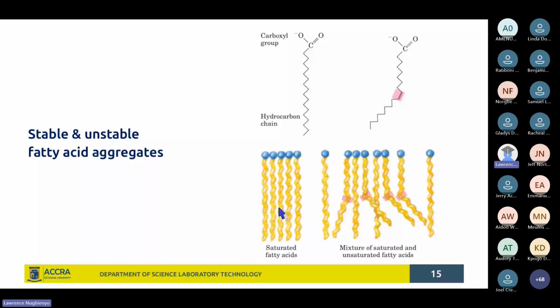But if you take the aggregate which is on the right hand side, which is having a mixture of saturated and unsaturated fatty acids, such that you have the unsaturated fatty acids having bends in them, I mean, those bends that we just saw in those fatty acids in the cis configuration, then you realize that this aggregate is unstable, because you can see there are much more spaces in between these fatty acids.